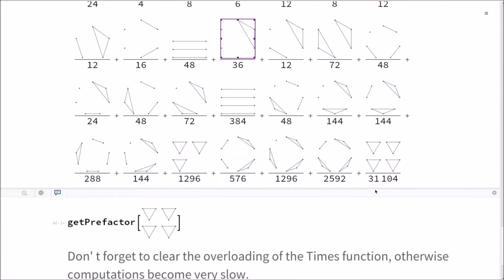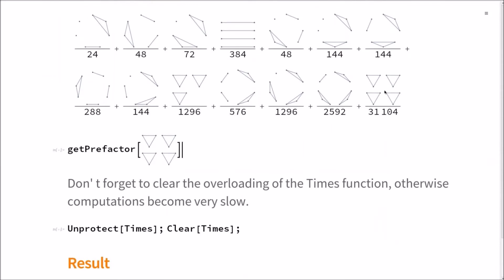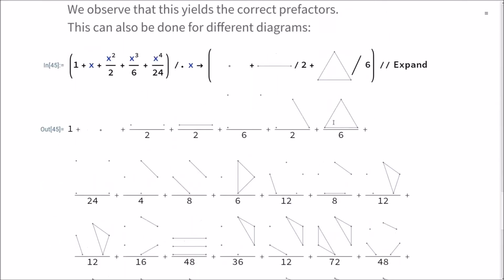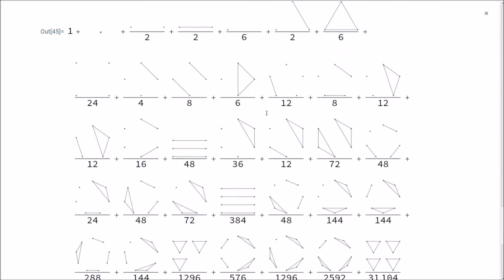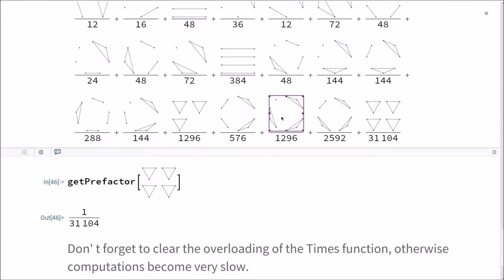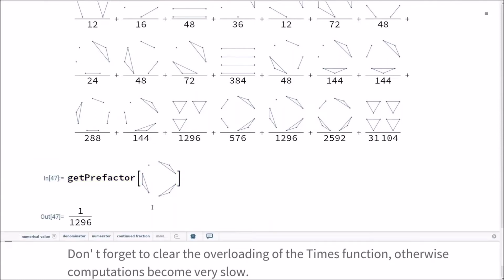And we can now check whether the prefactor is correct here. So we take some diagrams. I took this one here and evaluated it, and we indeed get the same prefactor as we get if we put this in the exponential. And this is also true for others. We can also take this one, and indeed the same prefactor.